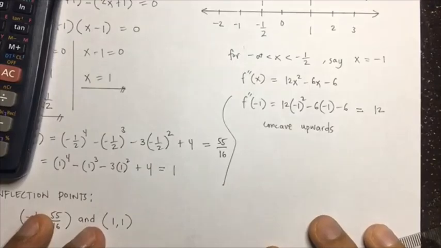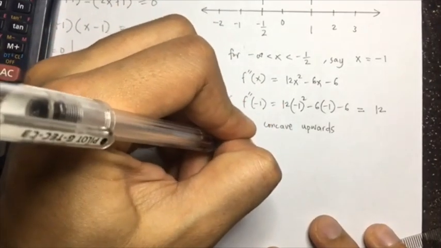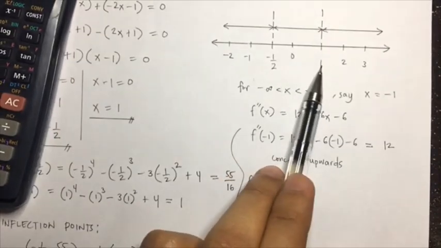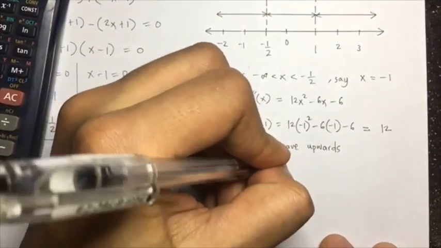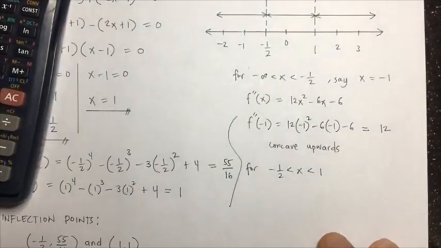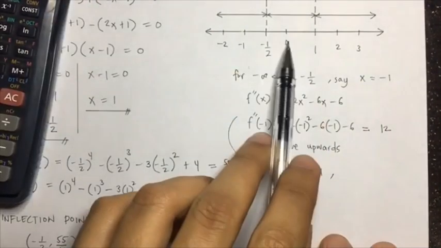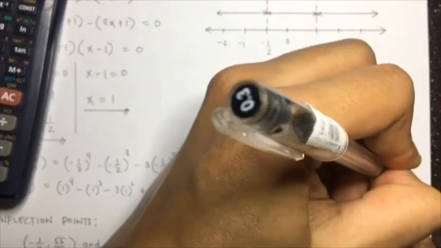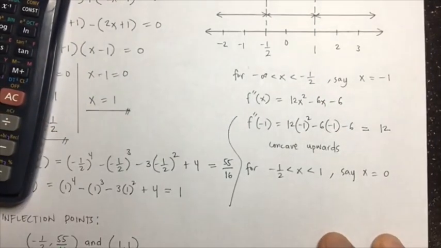Okay, so for the next interval from negative 1/2 to 1, so negative 1/2 is less than x is less than positive 1, so we can say x is equal to 0.